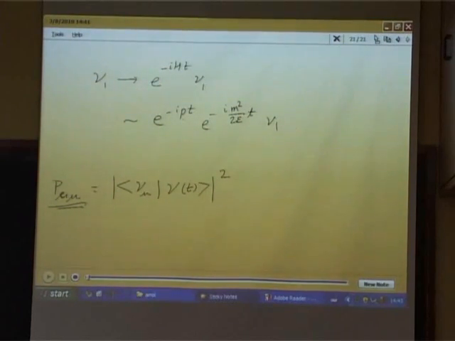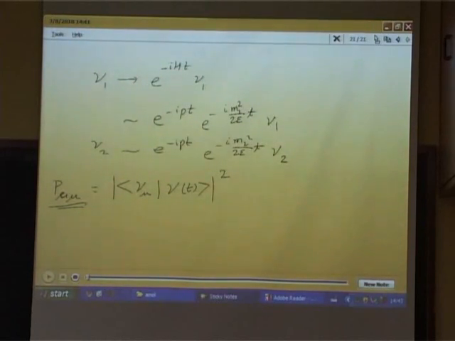Similarly, now there is this e^{-i m1^2 t/2p}. And then let's say my mu2 was e^{-ipt} and e^{-i m2^2 t/2p}. Now, of course, I keep it as m1^2/2p and m2^2/2p.